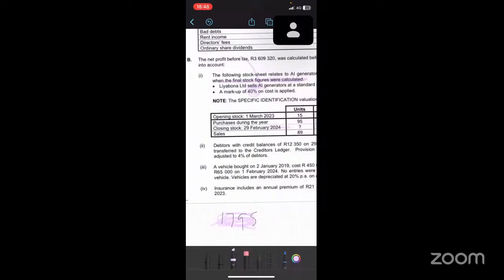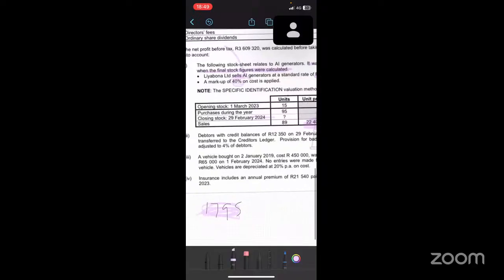Remember when we were doing insurance in the statement of comprehensive income, we were subtracting the amount that does not belong in the current financial year. That amount we subtracted would be the very same amount we plug into the statement of financial position.